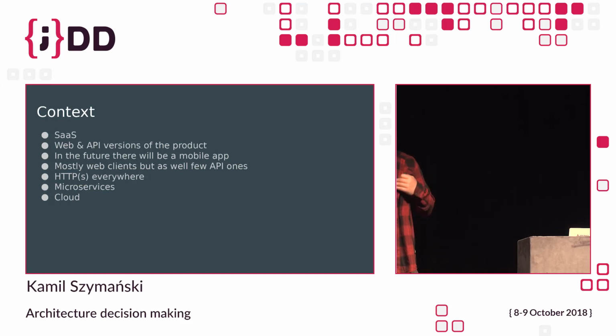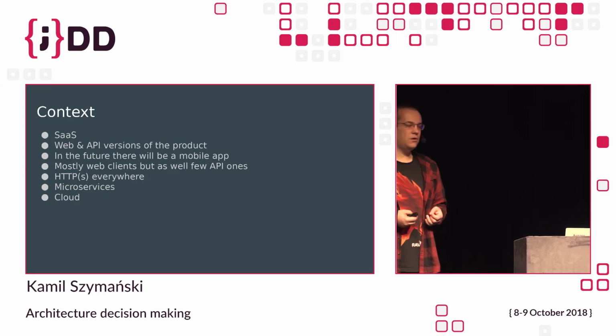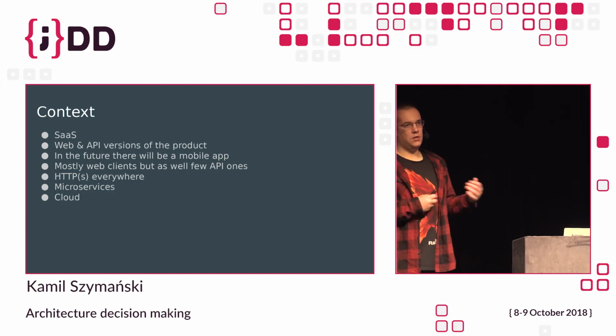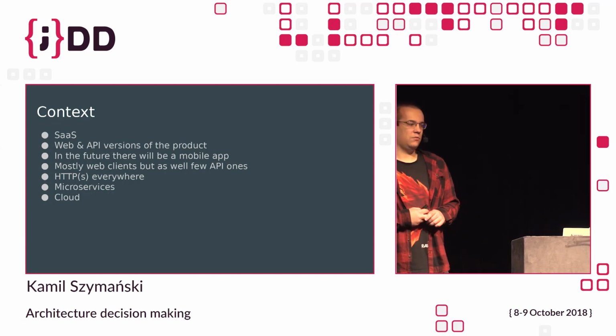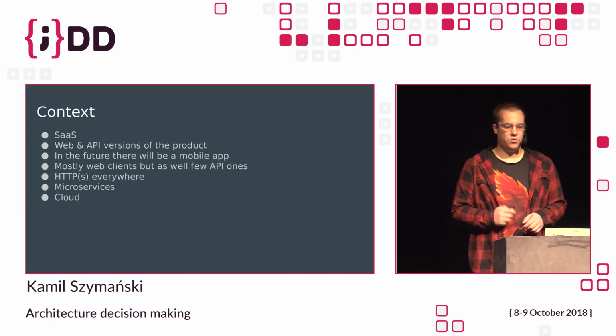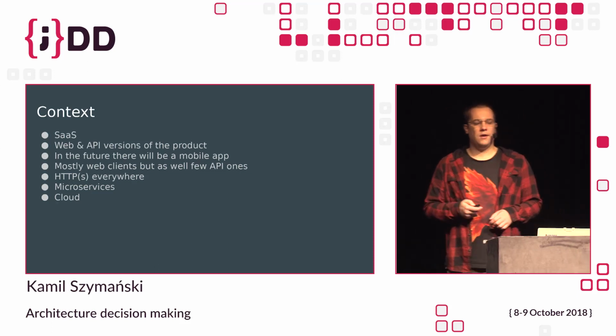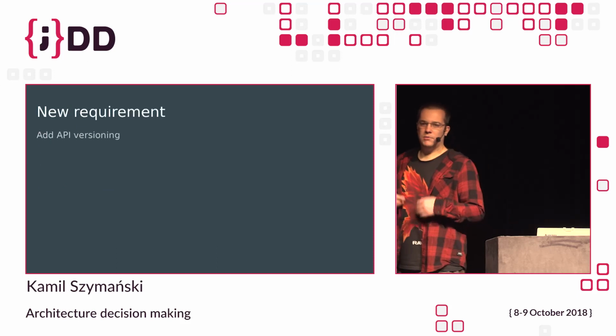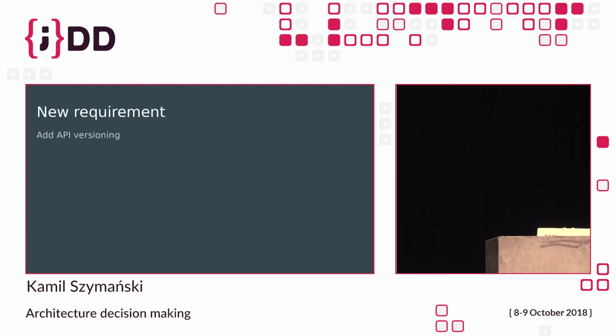And to make this example simpler, let's assume that it's HTTP everywhere. So we're integrating over REST HTTP protocol. And then at some point in time, there comes a new requirement to add API versioning to the platform. Does it sound familiar to you?